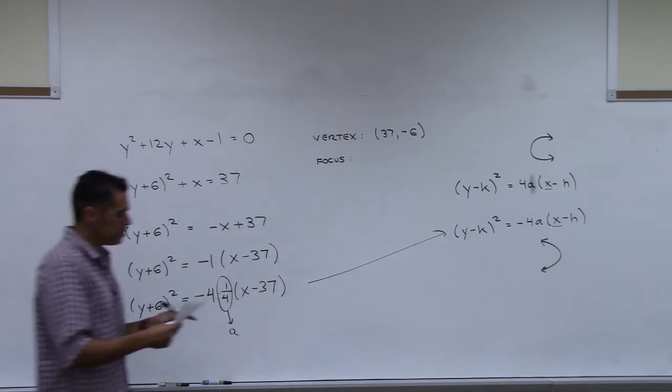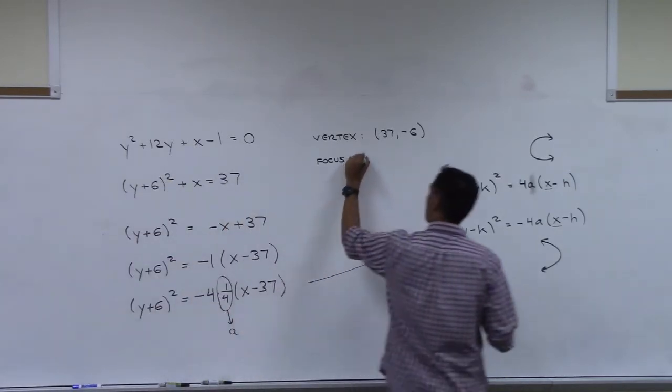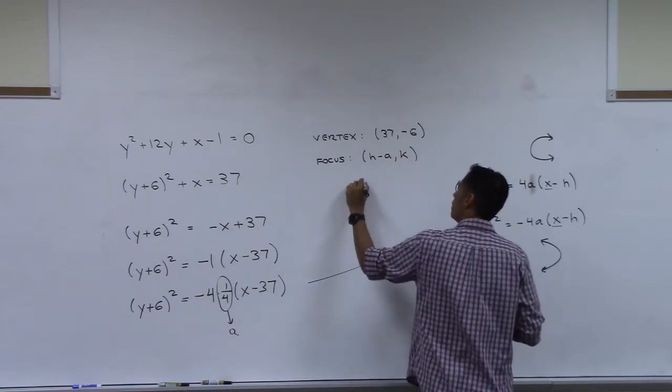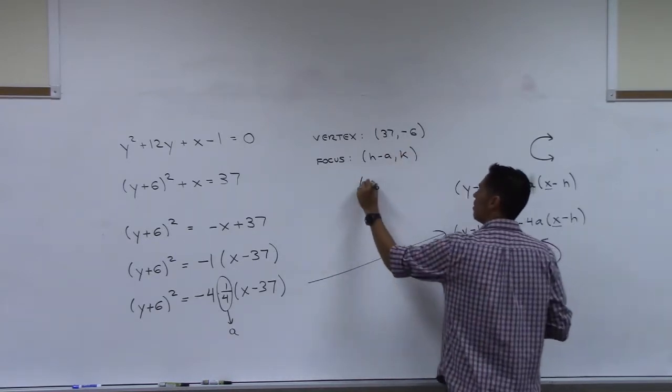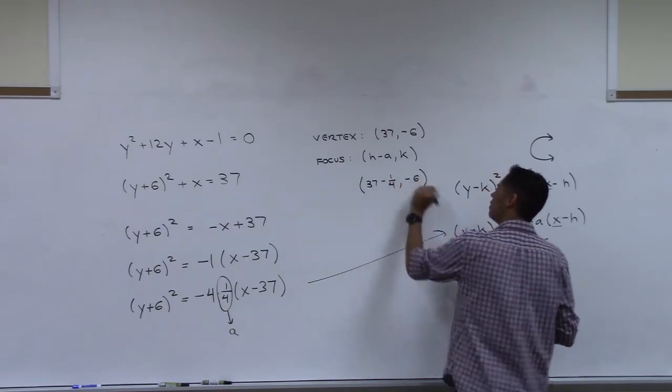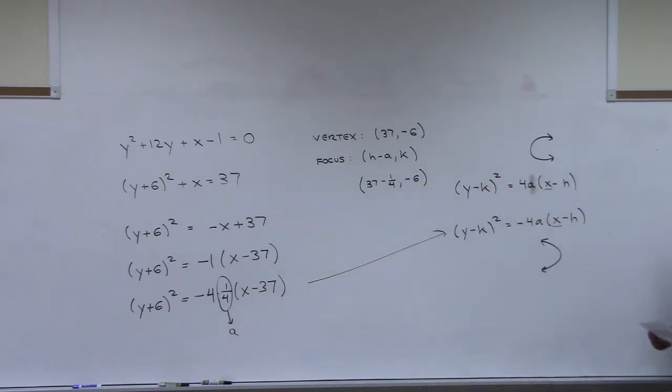So the focus by the formula is (h minus a, k). So that would be (37 minus 1/4, negative 6). 37 minus 1/4, you could get a common denominator there and put those together, right?